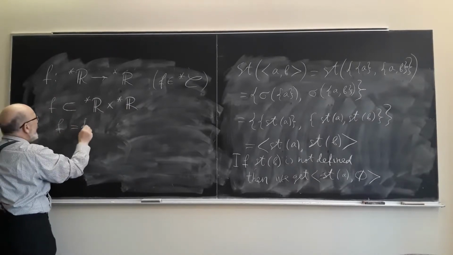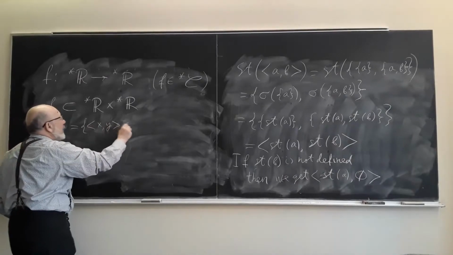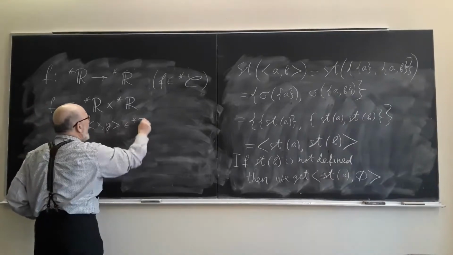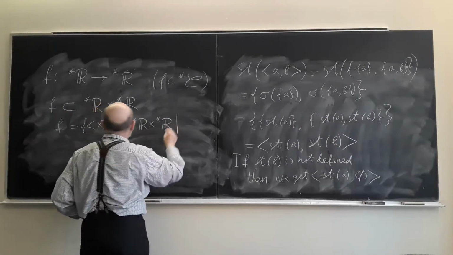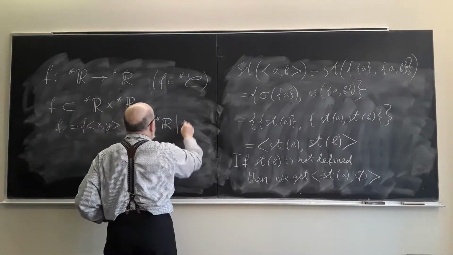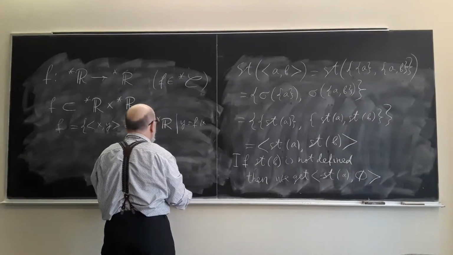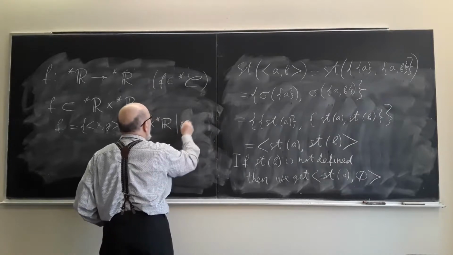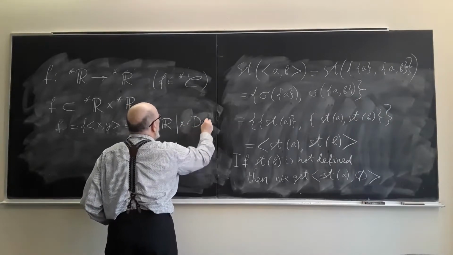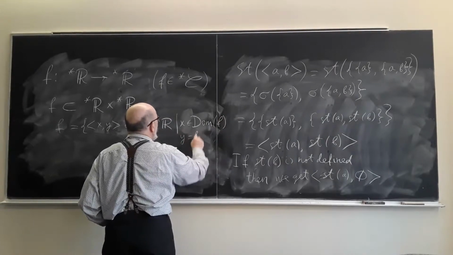F is the set of (x, y) belonging to standard R times standard R such that x is in the domain of f and y equals f of x.